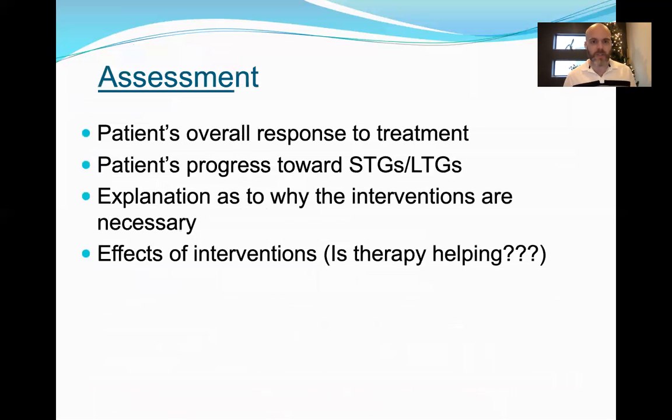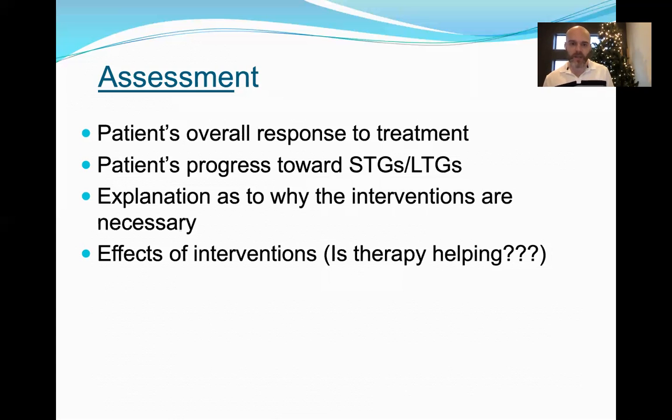Assessment: the patient's overall response to treatment and progress toward goals, and an explanation as to why the interventions are necessary. You always need to say something, like I said earlier, along the lines of why the patient needs to continue in therapy to get back to something they need to do. So, patient needs to continue therapy to get back to work.